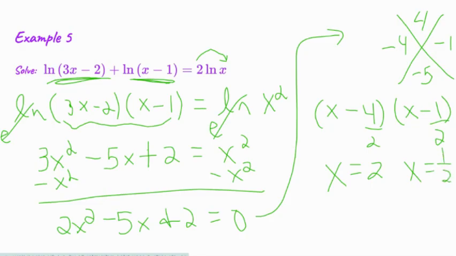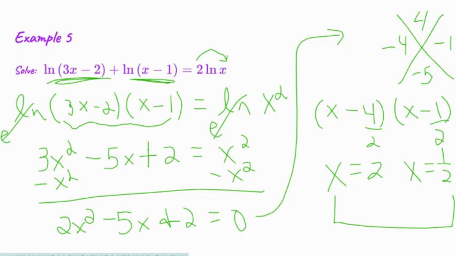Now, when you're coming to logarithms, you always want to check your solutions because a logarithm cannot have a negative argument, at least within the real world. So plug in 2. We get 3 times 2 is 6, minus 2 is 4. And then 2 minus 1 is 1, pardon me.